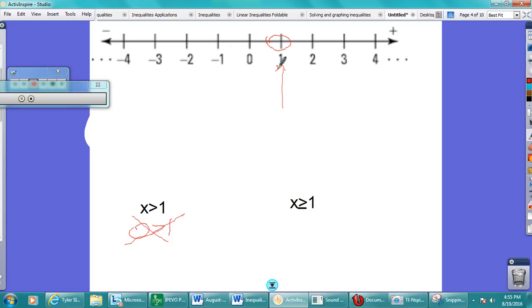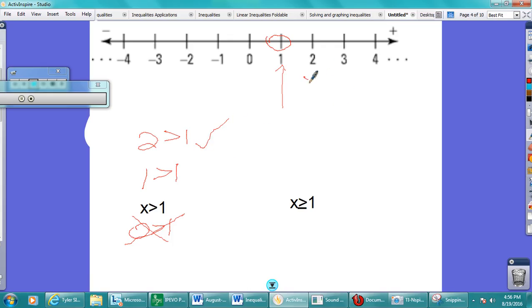Now let's try 1. Is 1 greater than 1? No. There is no line underneath, so there's no equal. That's why our circle is open. Now let's try 2. Is 2 greater than 1? Yes.